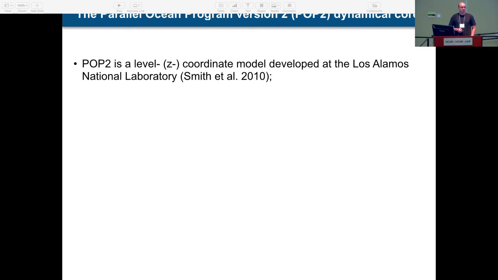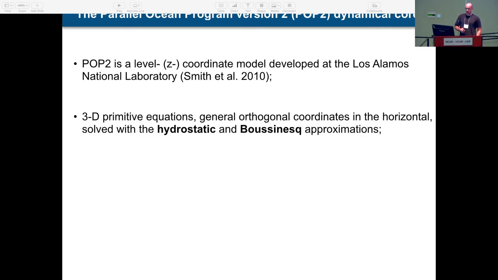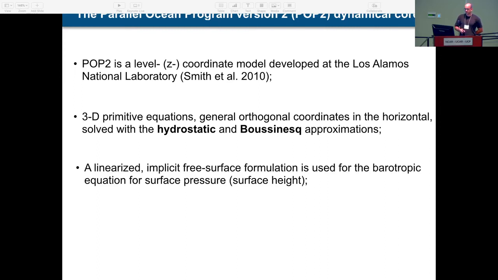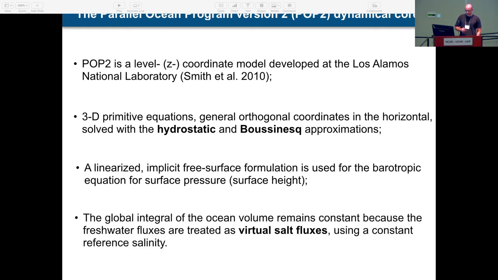All right, now moving into the POP model. As I mentioned before, this is a Z-level, or Z-coordinate, model. It was initially developed at the Los Alamos National Laboratory. It resolves the 3-dimensional primitive equations in a general orthogonal coordinate in the horizontal, with the hydrostatic and Boussinesq approximations. It has a linearized free surface formulation used for the barotropic equation and for the surface pressure.